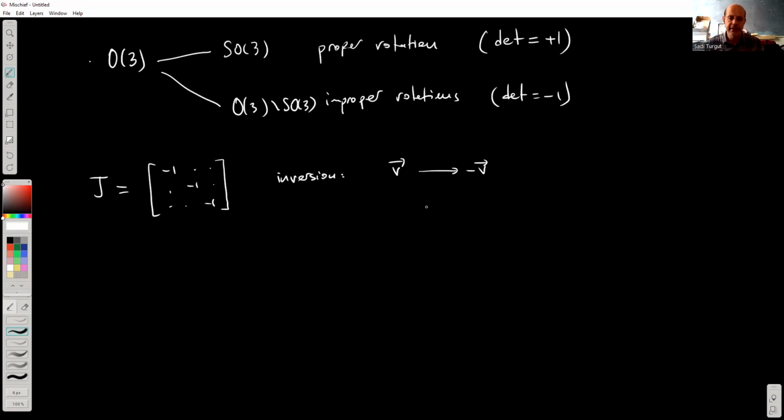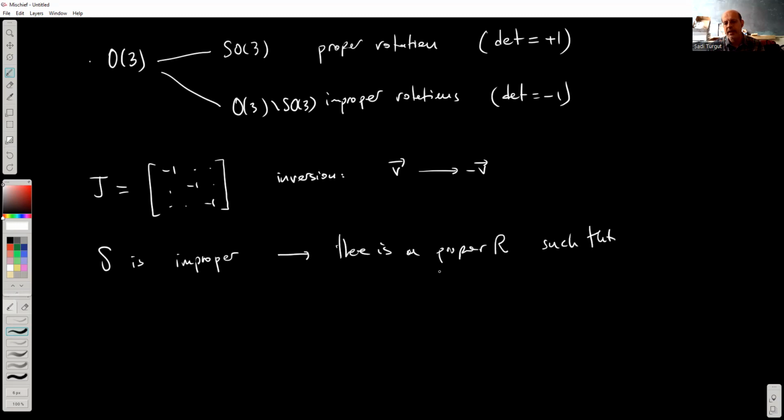So if S is an improper rotation, then there is a proper rotation R such that that improper rotation can be expressed as inversion applied after the rotation R, or rotation R applied after the inversion.